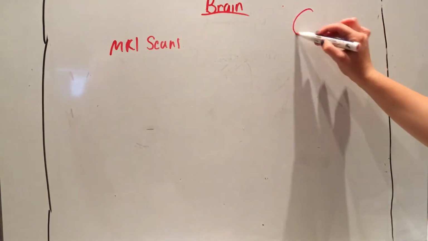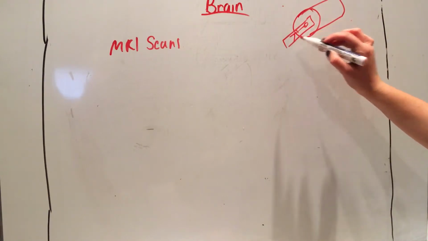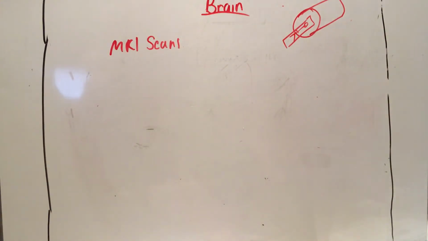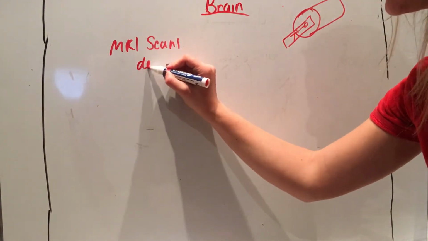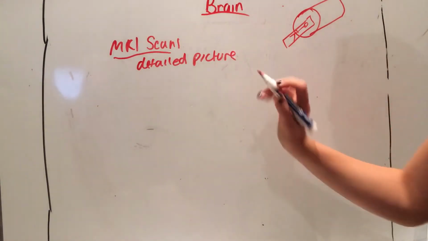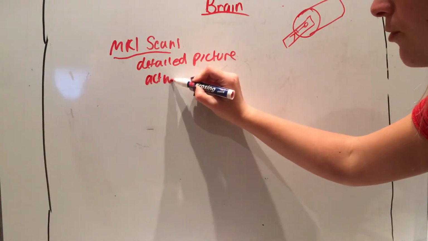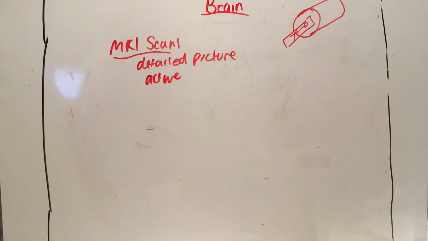And this is like a big fancy tube, and you basically lie on a table and go into it, and they look at your brain and come up with a very detailed picture of it. Then you can listen to music or try to remember things, and they can see what parts of your brain are responding to what you're doing, to find out the links between what you're doing and your brain, so you can find out the function of parts of your brain, if that makes sense.